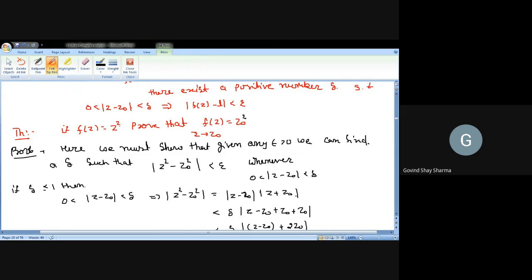Now we come to the next concept, continuity. What is the meaning of continuity?